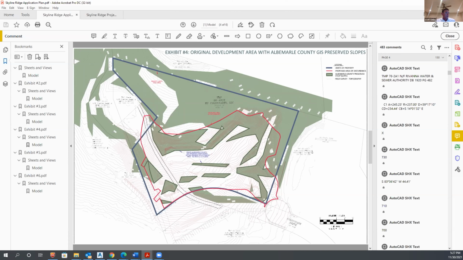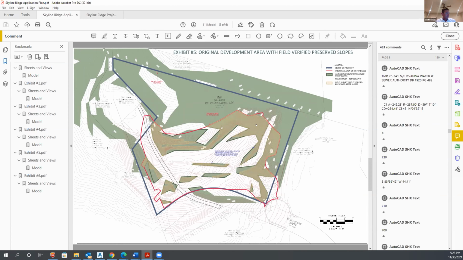And between 2000 and 2010, with GIS surveying and the overlay of the preserved slopes, these graded areas became preserved slopes based on the county ordinance. And that's why we're here talking about a rezoning. These are the slopes that we created that are now considered preserved slopes.